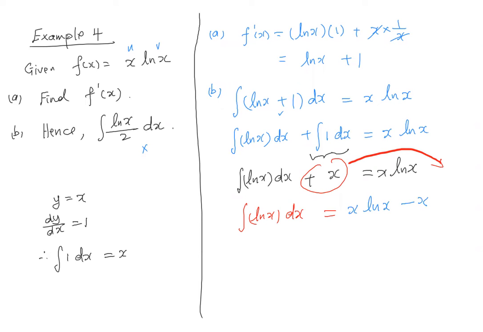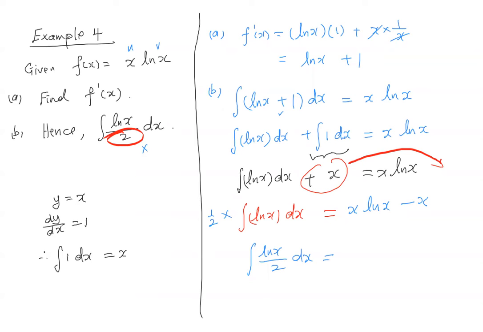Okay, divide by 2 is the same as times 1/2. So now we look back here. What you can do is, you just say integrate ln x over 2 dx is the same as you times this whole thing by half.